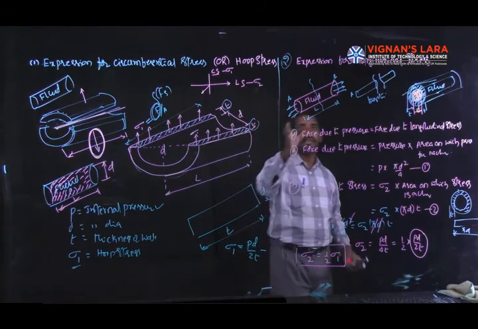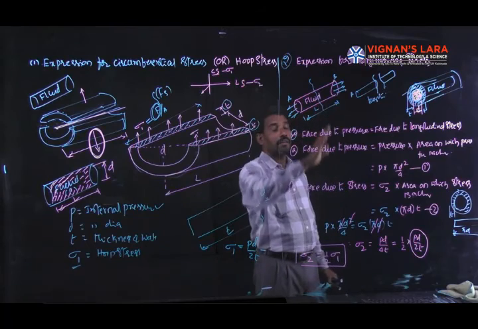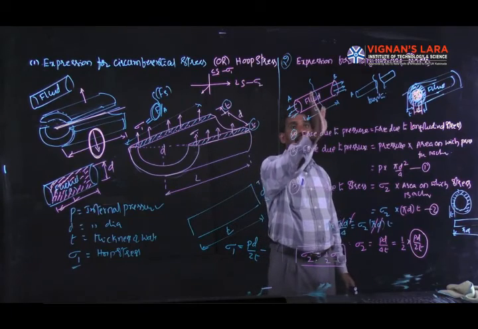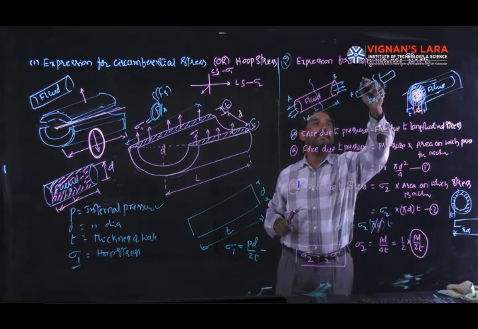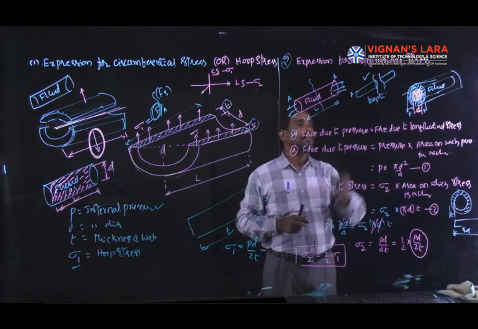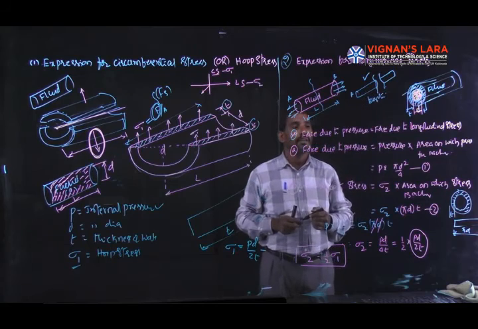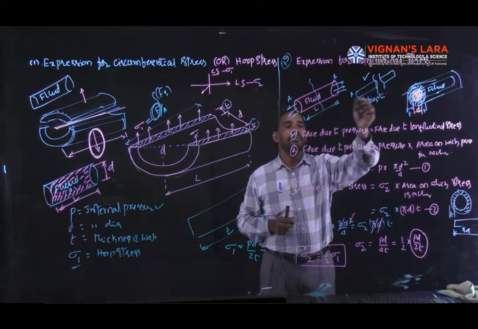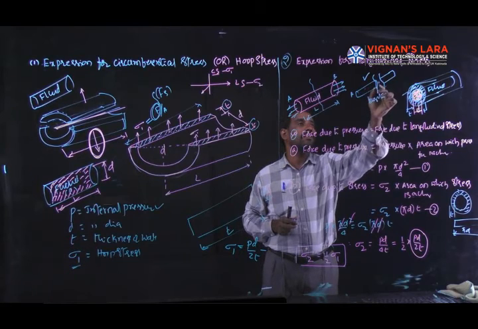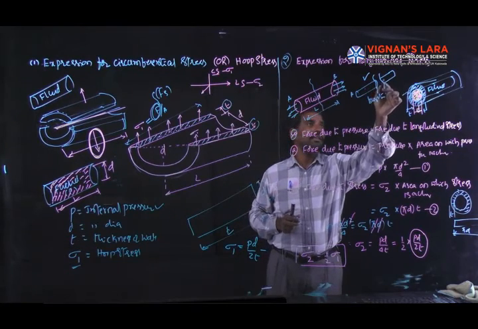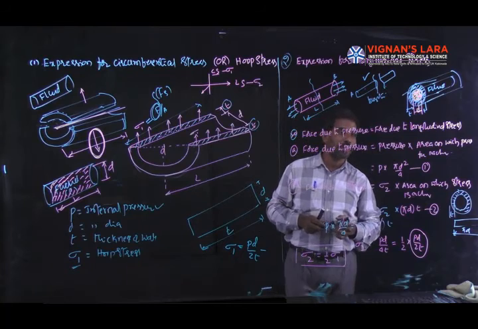Then we go for the expression for longitudinal stress. The bursting takes place due to the fluid pressure acting at the ends, so there is a chance of failure at any section. The force due to the pressure must be equal to the force due to the stress longitudinally.